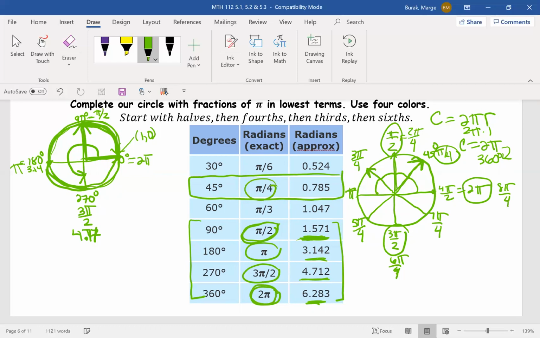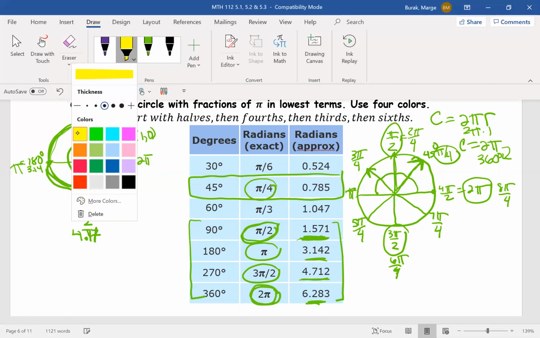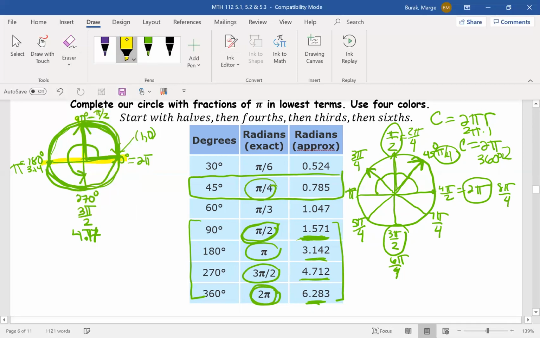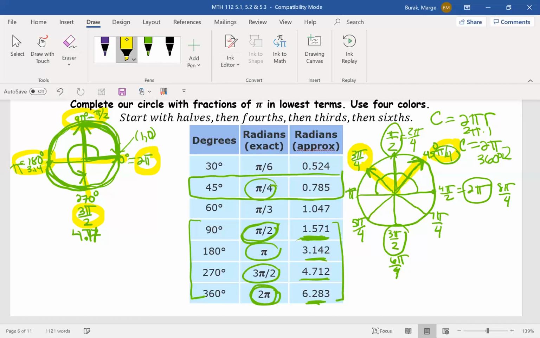So over here, let me just make some color. Here we have 0, pi over 2, pi, 3 pi over 2, and 2 pi. Those are the quadrant angles. Well, here we have pi over 4, and 3 pi over 4, and 5 pi over 4, and 7 pi over 4.